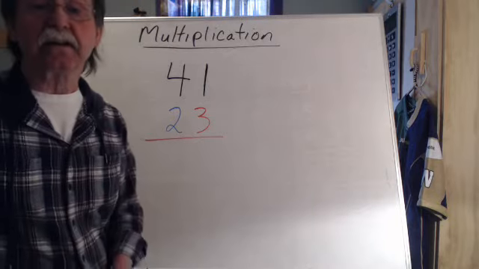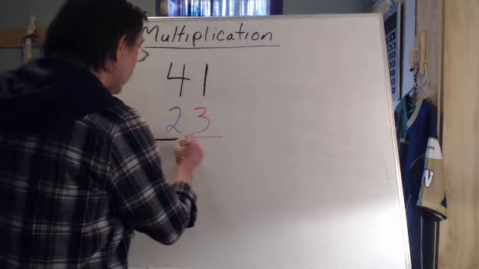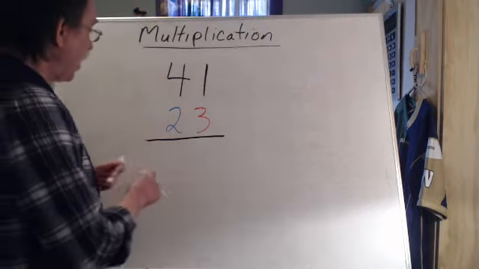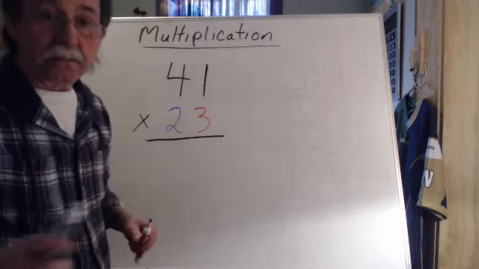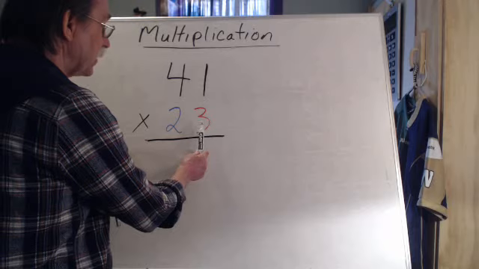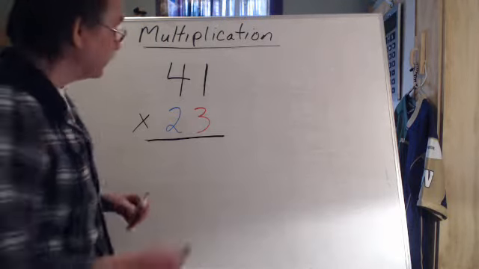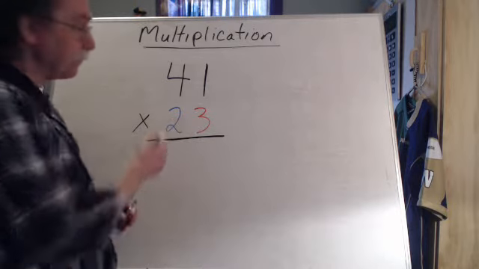So we have 41 times 23. The rule is that we have to multiply every number by every other number. So every number on the top gets multiplied by every number on the bottom.